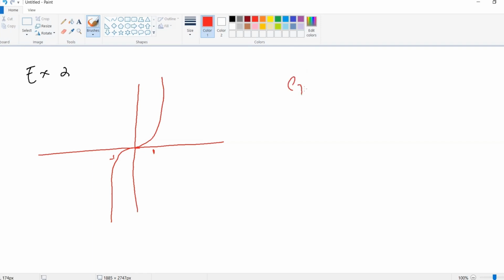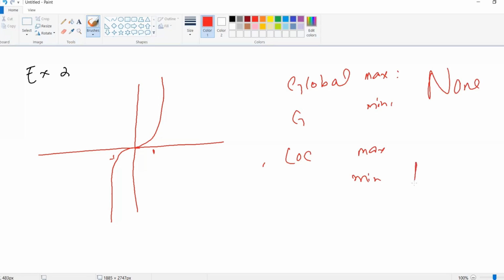Is there a maximum and minimum? Do you see it? Global max or global min? No, because the function flattens but does not actually reach a peak or a valley, right? Yeah. So there is no global maximum or local maximum or minimum. Got it? Not even local. Okay. None and none. Okay.